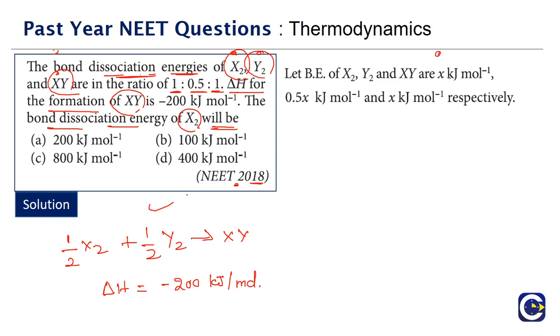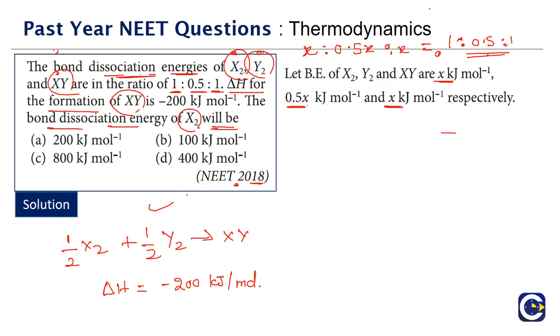So let us take them as X, 0.5 into X and X. If we cancel X, it will be 1:0.5:1.